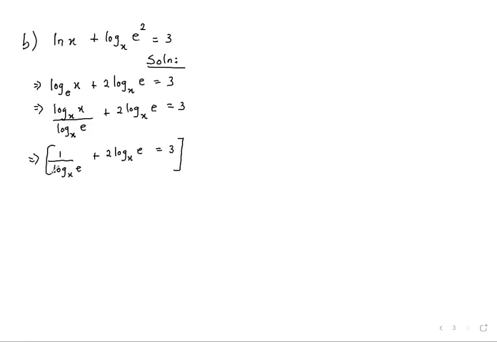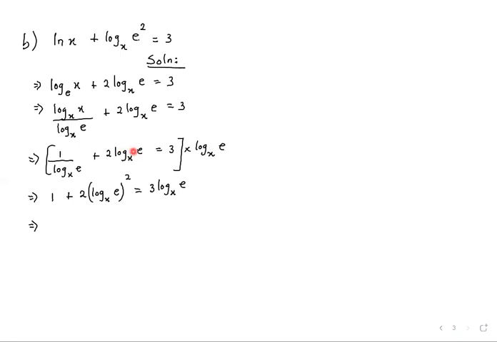Then you multiply throughout by the denominator, so that we have 1 plus 2 (log_x e) squared is equal to 3 log_x e. When you cross multiply, the denominator will cancel. That's the reason why we're multiplying by the denominator throughout.